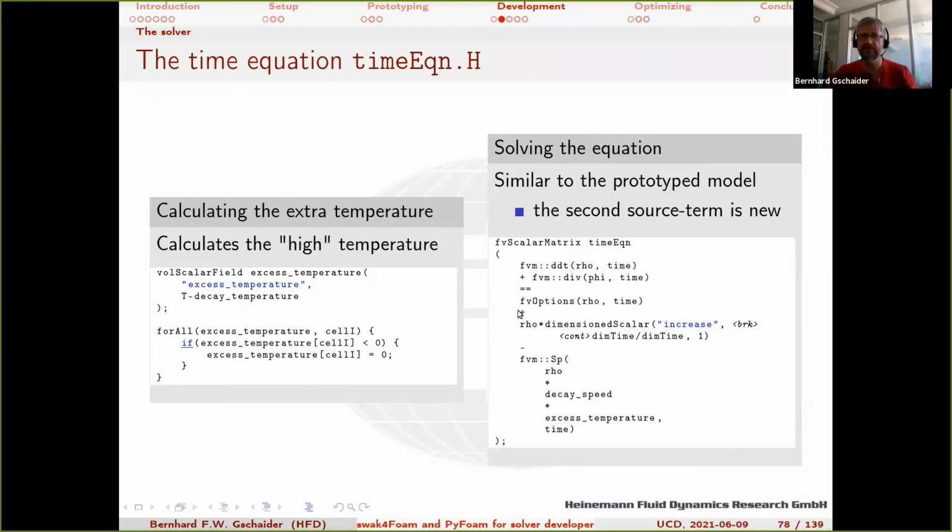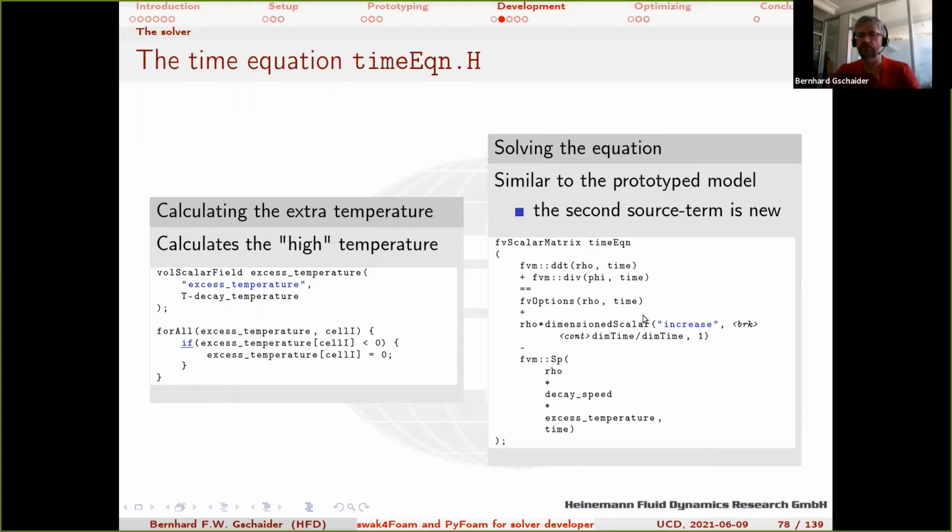Now, the thing that we implemented before in swak4Foam is now implemented here as a regular transport equation in OpenFOAM. Time derivative, convection term, then these are the regular VF options.